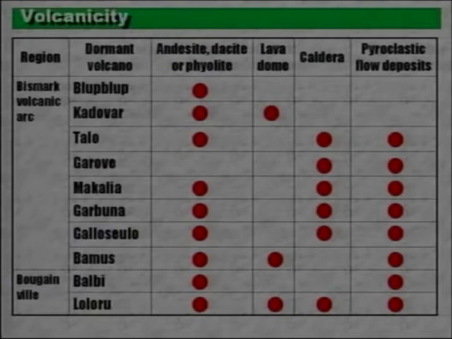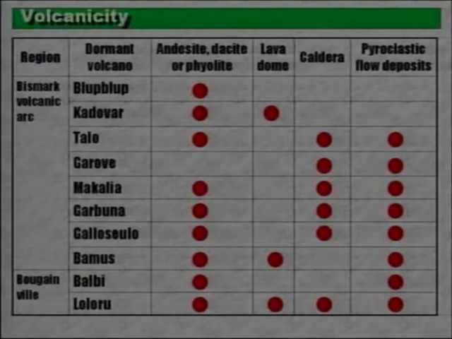You can make reference to your Papua New Guinea volcanic map. Kadovar, Tavui, Garove, Makalia, Gabuna, and also the Bamus volcano. All of those are volcanoes found within the Bismarck Volcanic Arc, and they are supposed to be the dormant volcanoes in that region.